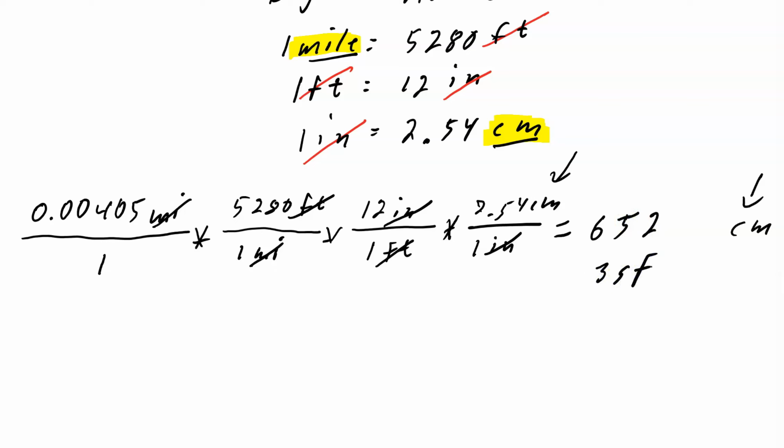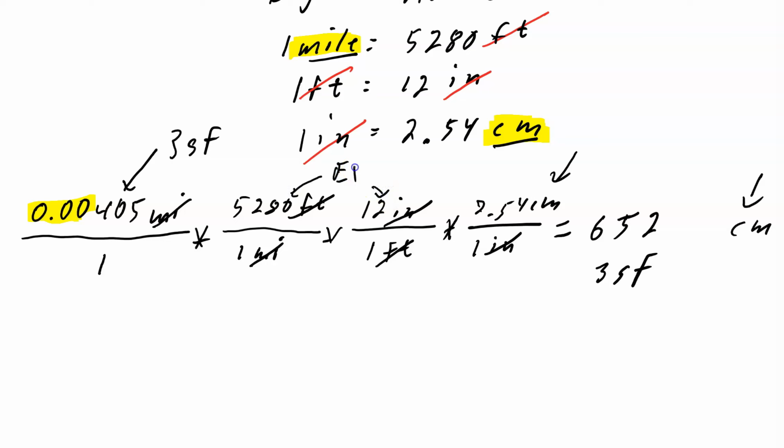Let's verify that. Our starting measurement has 3 significant figures. Remember, leading zeros are never significant, so we have three significant figures. 5,280 feet in a mile, 12 inches in a foot.